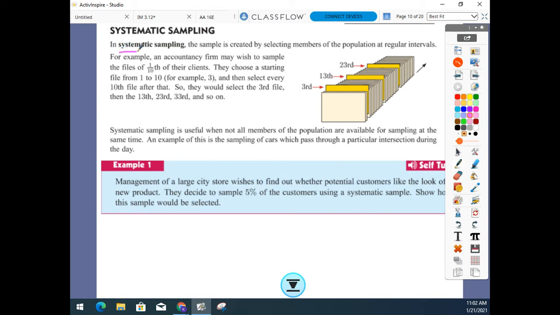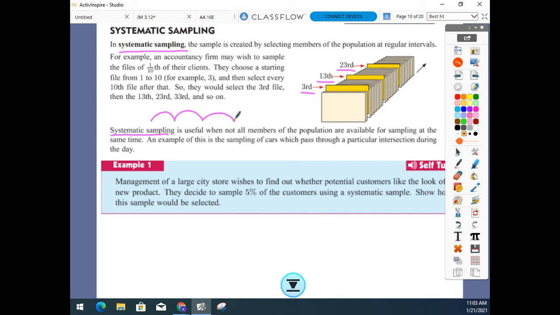In systematic sampling, what I wrote is you just pick every so many members. Like in this example, they're picking every number that ends in a 3. You could pick every 10th number, every 5th person, things like that. Systematic is just you're picking every so often.